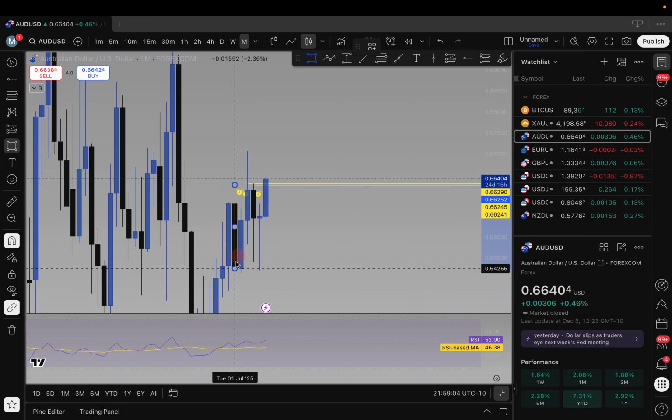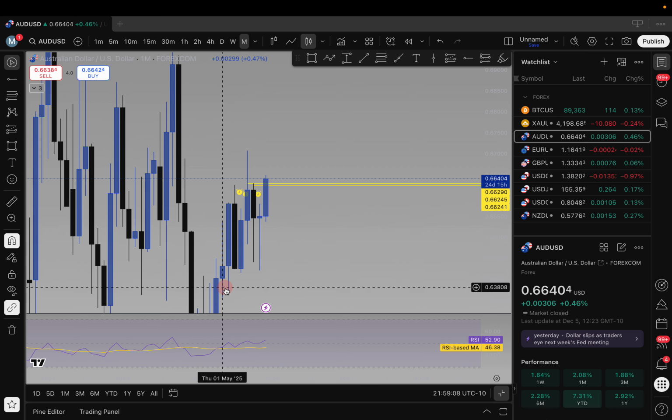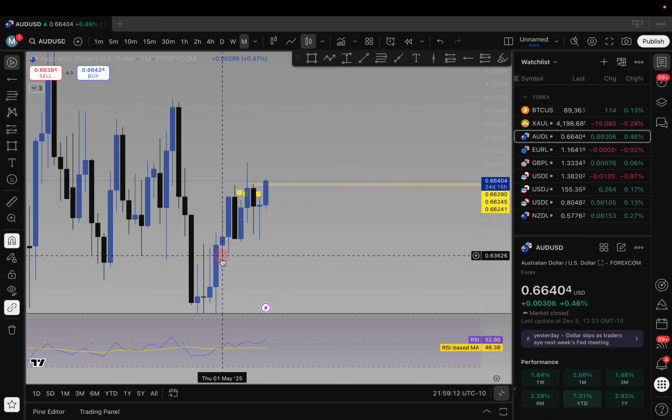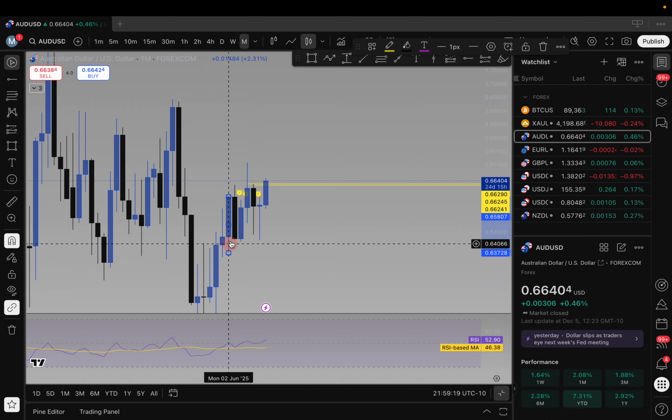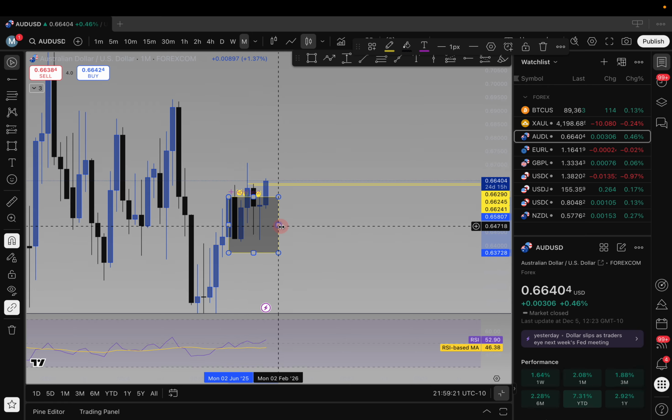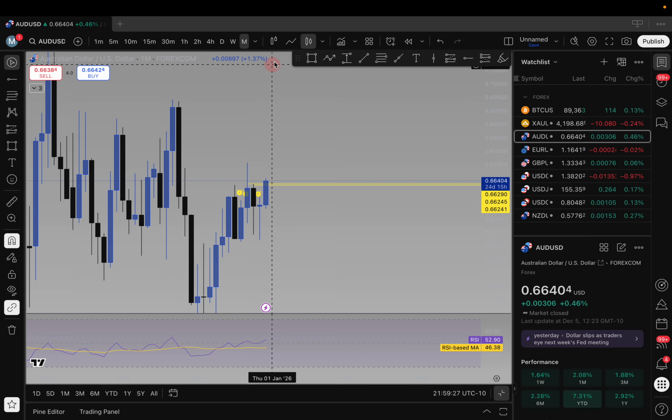Let's look at the theory candle. Made a push here, and then now we're on this theory candle. And then where's the next theory candle? This is the next theory candle, right? On the monthly, this is our next theory candle.